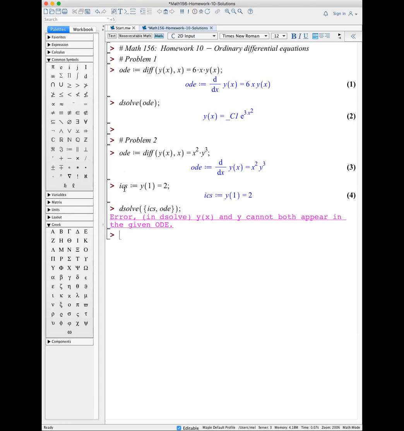Oops, I messed up a little bit. There was a new update to the math lab, so I don't know if that's what's causing this. It should work. This is the differential equation, x squared y cubed.